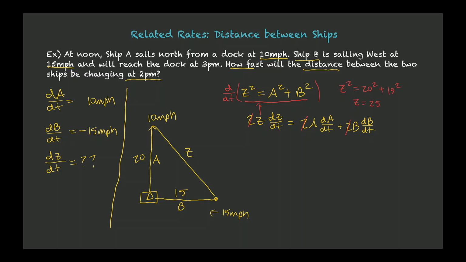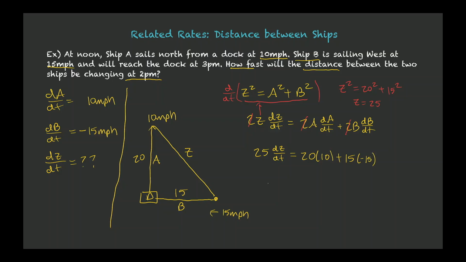All right, so now we can plug in everything that we know and solve. So z is 25, so 25 dz/dt is equal to a is 20, dA/dt is 10, plus b in this problem is 15 at 2 p.m., and dB/dt is equal to negative 15.